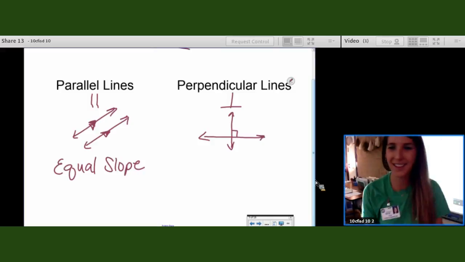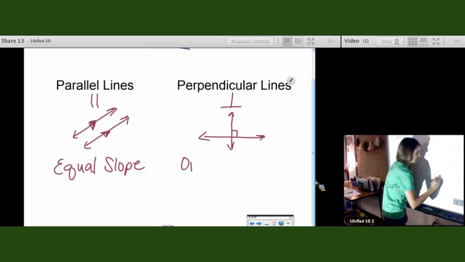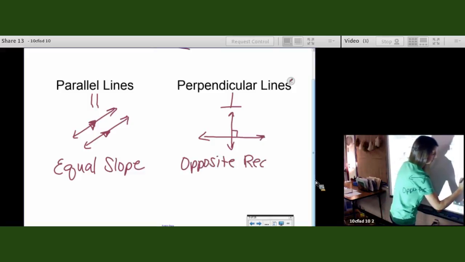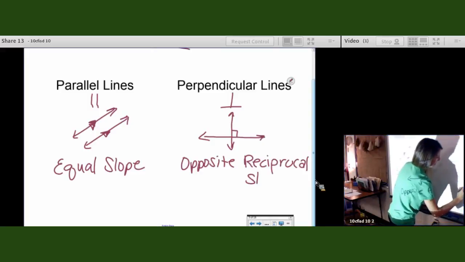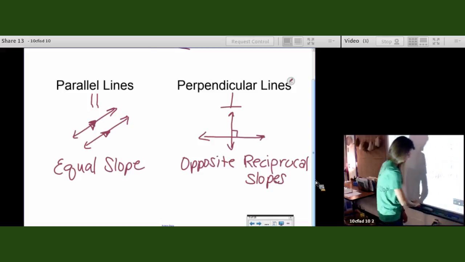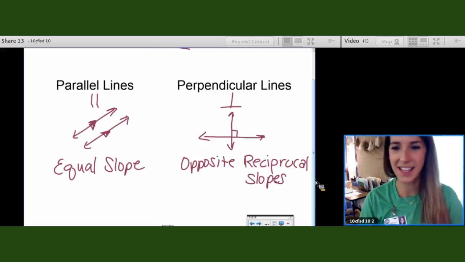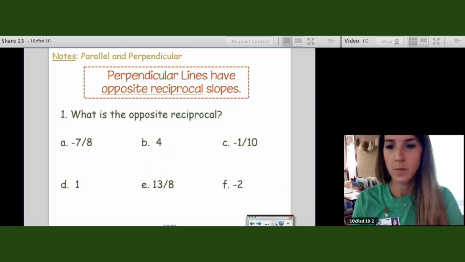And perpendicular lines have, you're right again, reciprocal. There we go. Cool. Ta-da! That's the lesson. So then we're going to apply it and solve some problems.